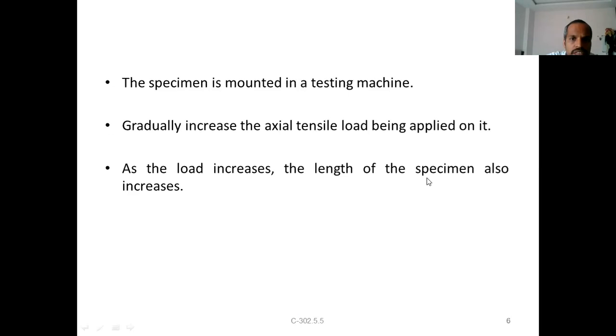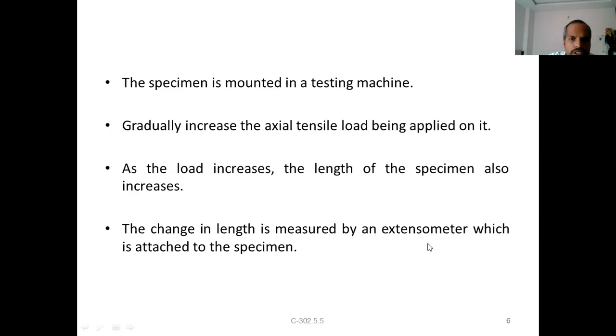As the load increases, the length of the specimen also increases. This increase in length is measured using extensometers attached to the specimen. Extensometers are attached at both ends of the gauge length and measure how much elongation is taking place between these two points as we go on increasing the load.